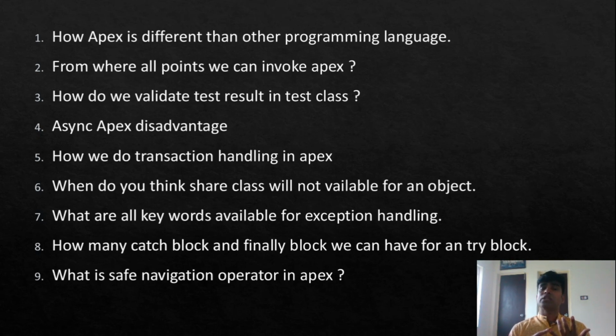Anonymous block, you can execute Apex logic. You can write APIs using Apex. You can call it from an invocable method, for example your process builder or flow. So try to stretch your mind and remember all those things where you have used Apex, so that you can get to know the scope of Apex.